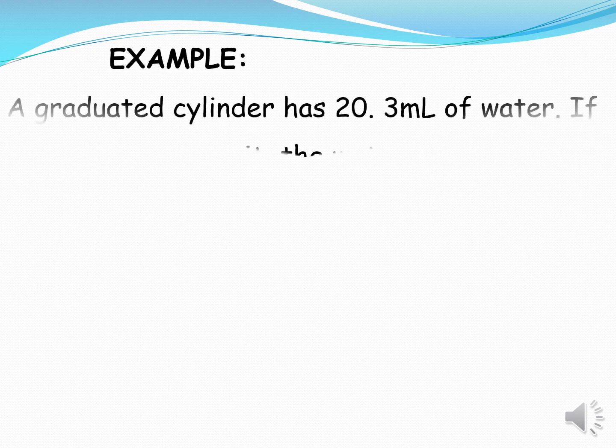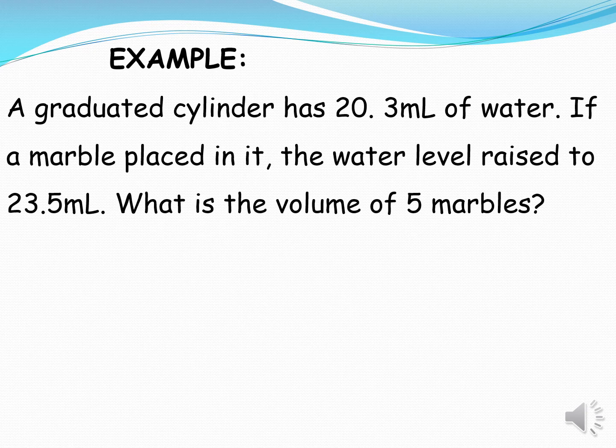Example: A graduated cylinder has 20 and 3/10 ml of water. If a marble is placed in it, the water level raises to 23 and 5/10 milliliters. What is the volume of 5 marbles?